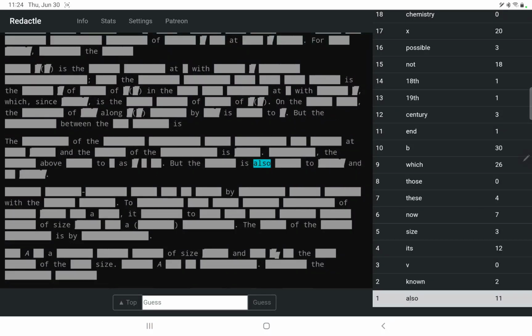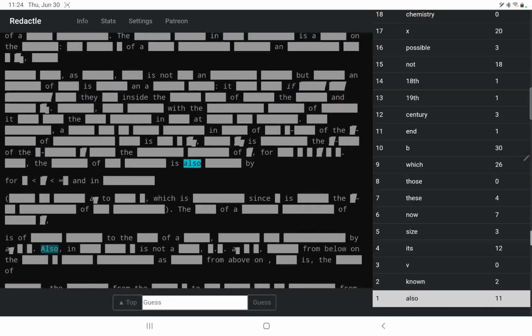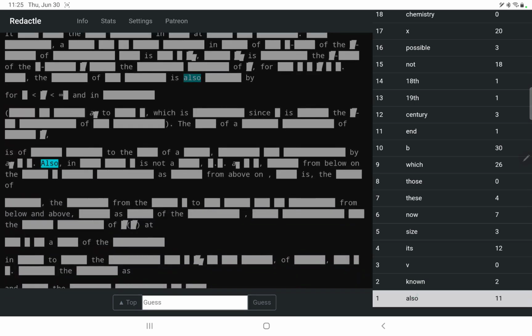But the something is also, okay, for something less than infinity. I hadn't noticed the infinity before. Let's go on.